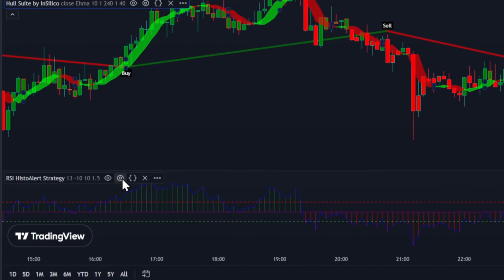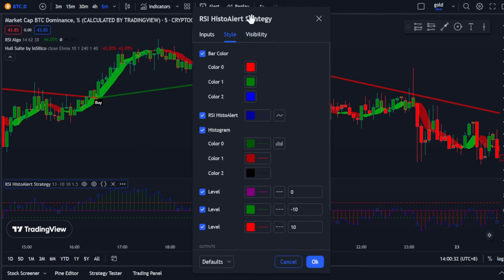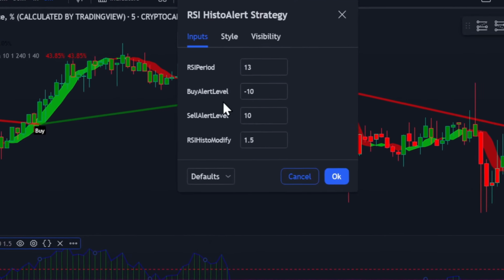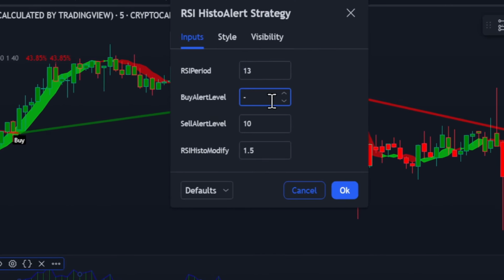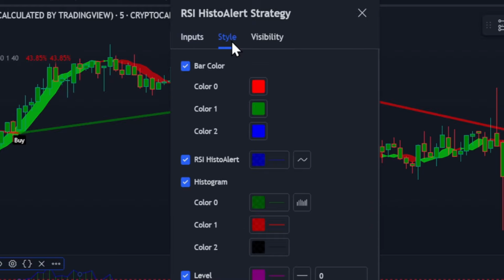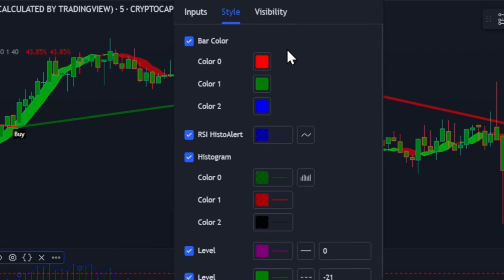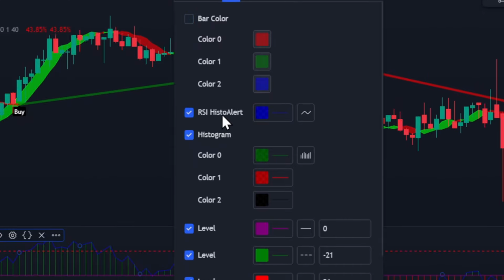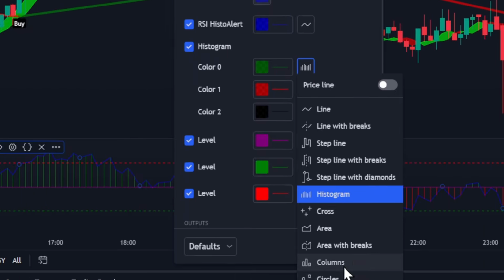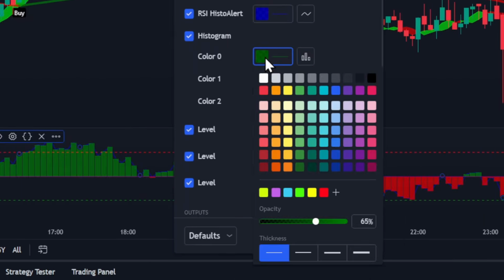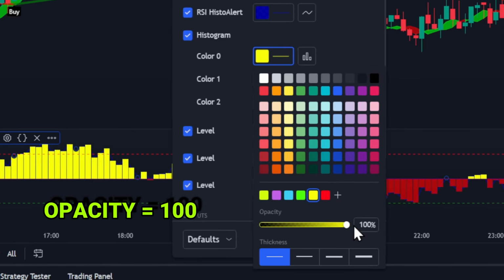For our third indicator, go to inputs. For buy alert, change this to -21 and change the sell alert to 21. Here, follow me and do this. Close this off, go to histogram, change this to column, change the color to yellow and make it more visible.